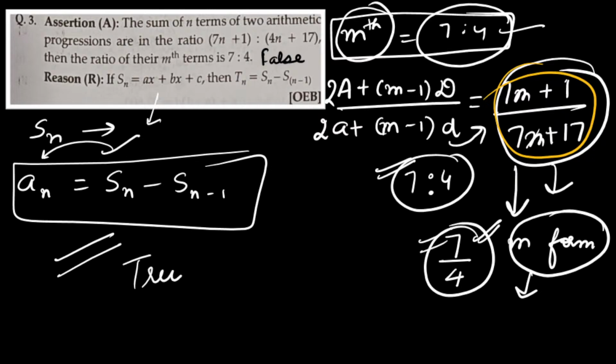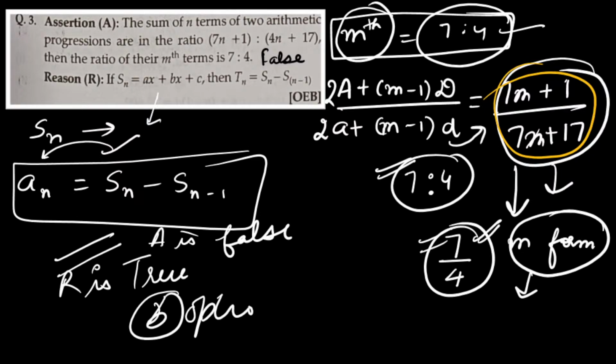So that means the reason is true. So A is false and R is true. This is option B. So two more questions are there. Let's just finish the questions fast and let's end this class then.